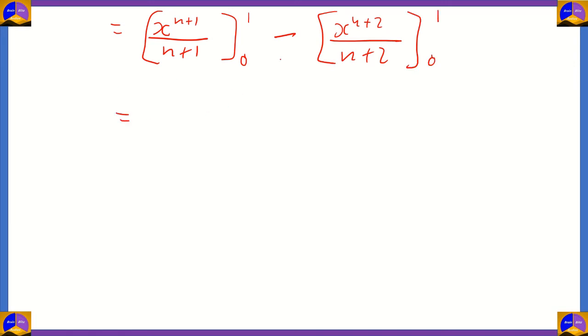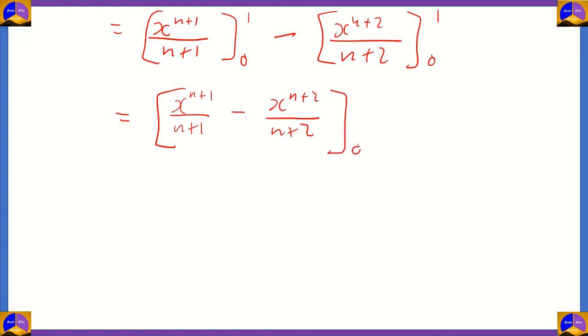And now, since they have the same limits, it's okay to combine them. So x raised to n plus 1 divided by n plus 1 minus x raised to n plus 2 divided by n plus 2, from 0 to 1. And having written both of these steps, that will give you 1 mark.